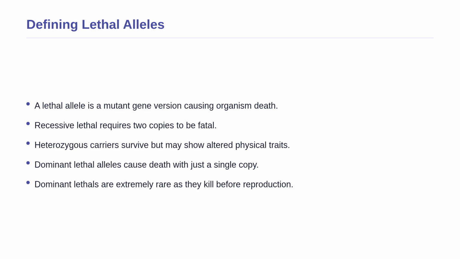If an allele is a recessive lethal, the organism must inherit 2 copies, known as the homozygous state, for it to be fatal. If they inherit only 1 copy, they survive, though they might show a different physical trait. There are also dominant lethal alleles, where just a single copy causes death. These are extremely rare because they usually kill the organism before it can reproduce and pass the gene on.